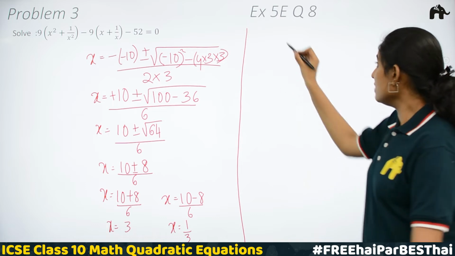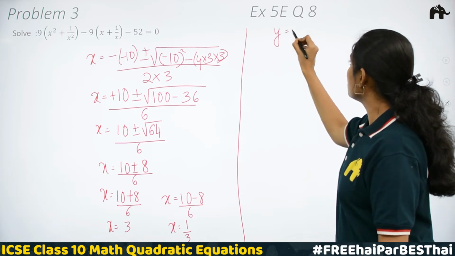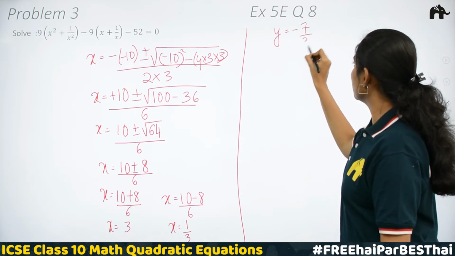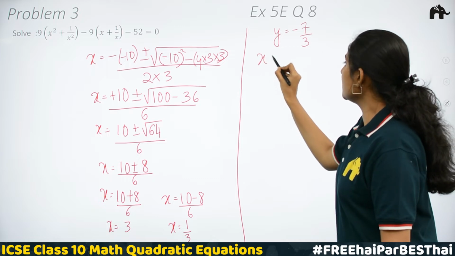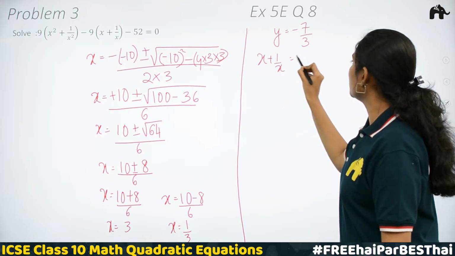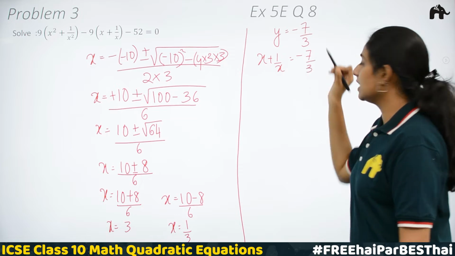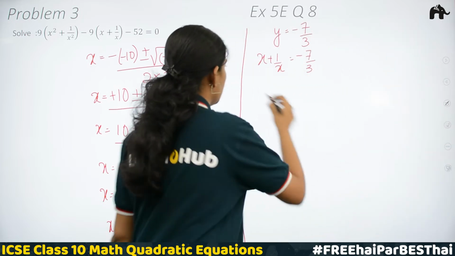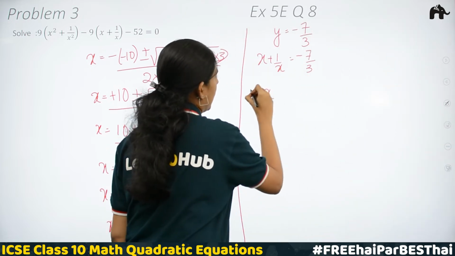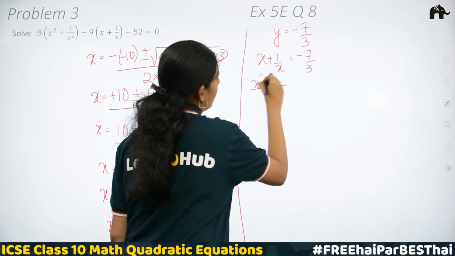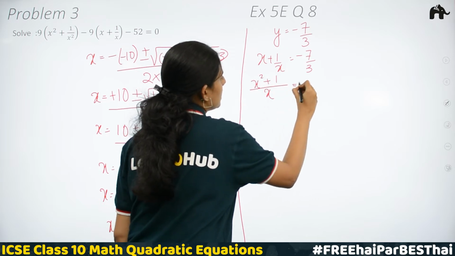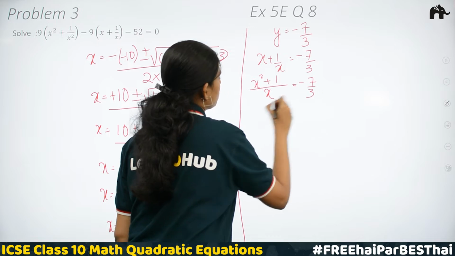Now, when y is equal to minus 7 by 3, x plus 1 by x is equal to minus 7 by 3. The same process. Take the LCM. LCM is x. Numerator we have x square plus 1 is equal to minus 7 by 3.